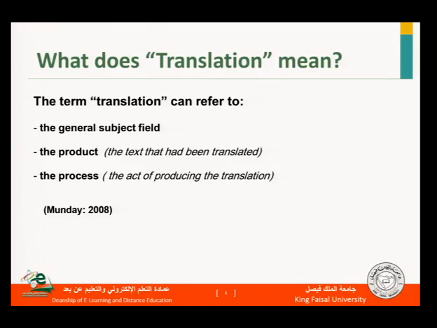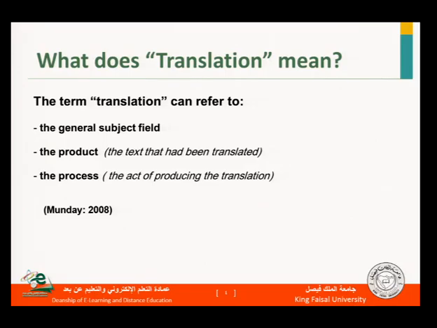الموضوع. The product: you have a text, you translated that text into English, and it is, for example, a text in Arabic. You have a text in Arabic. You just have taken that text and began translating it. When you finish, you give it to your client and you say, this is your translation.